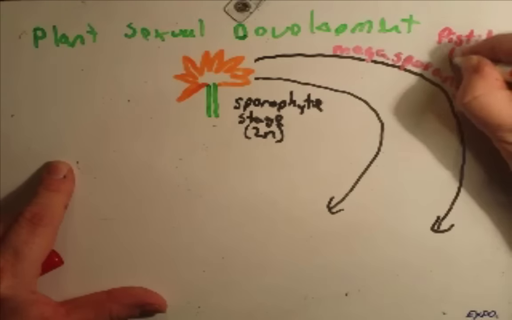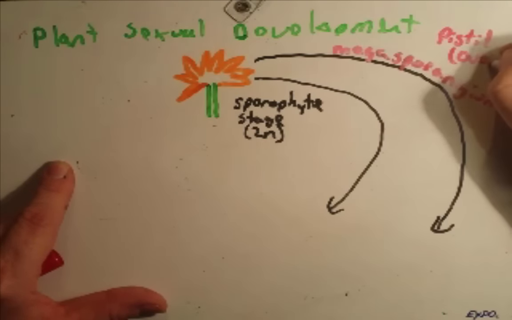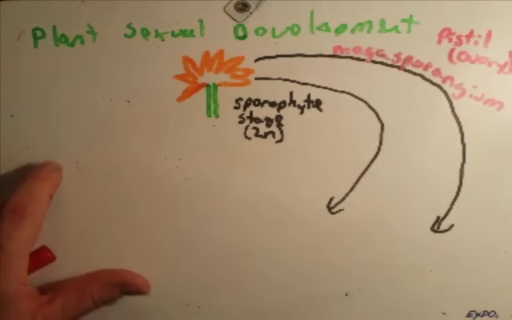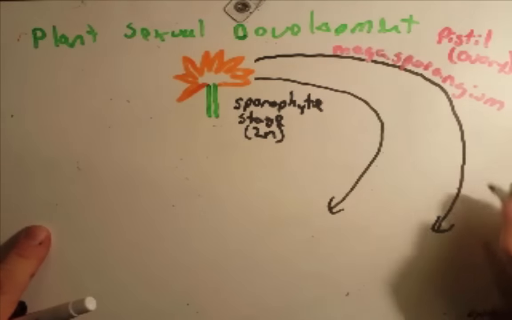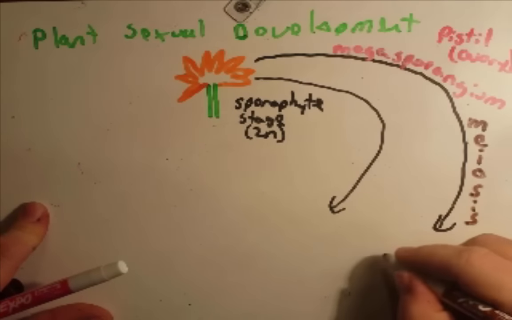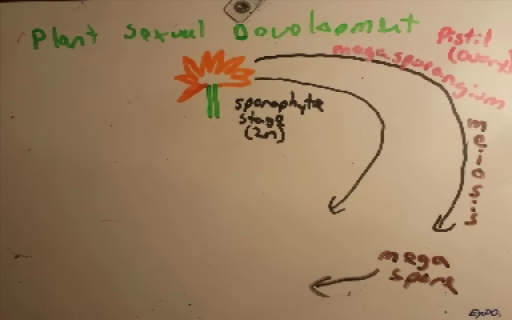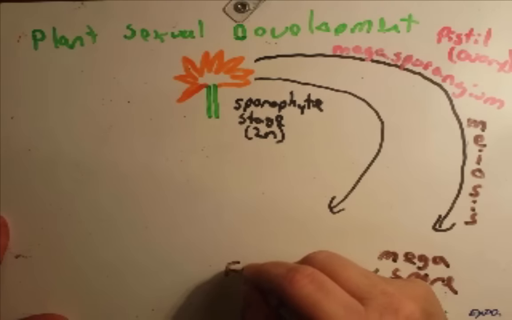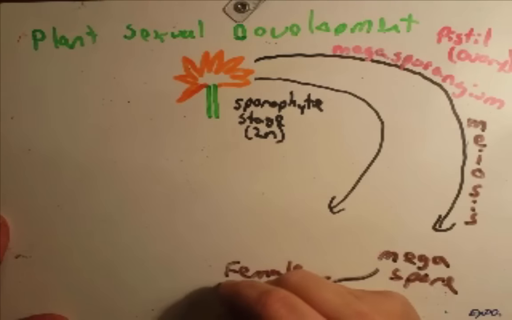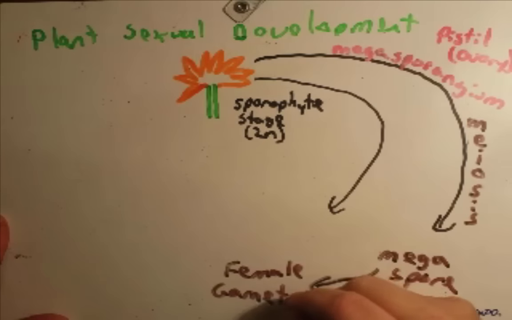And within this pistil is the ovary. This megasporangium, which is a diploid, will produce what we call a megaspore. This will go on to form the female gametophyte. We might also call this the egg sac.